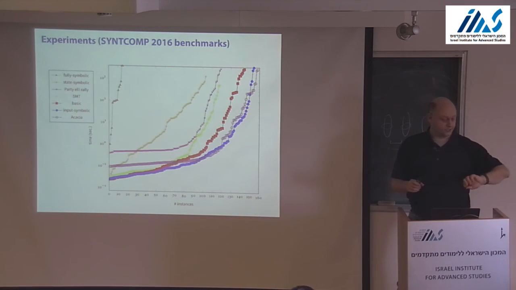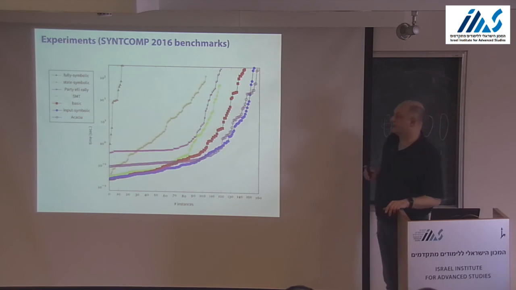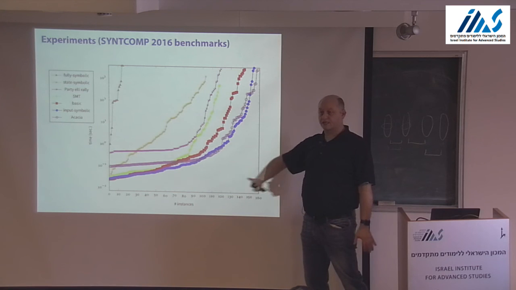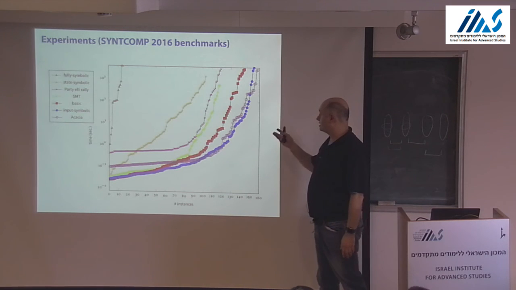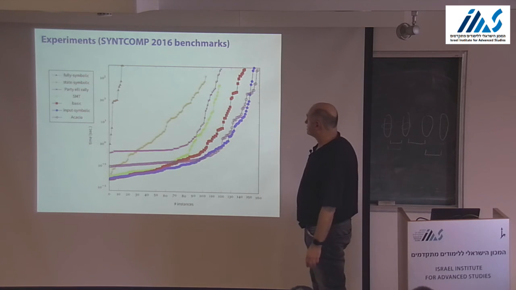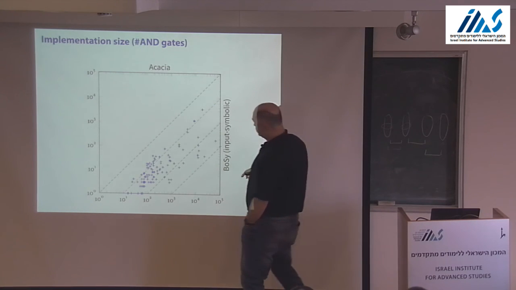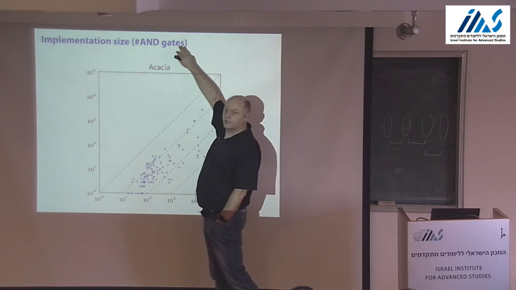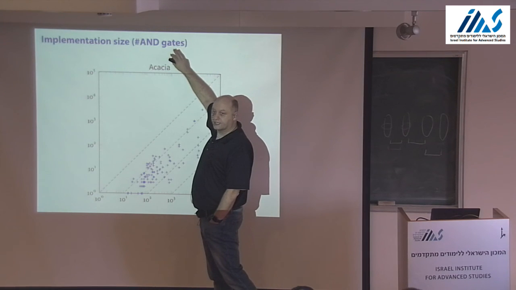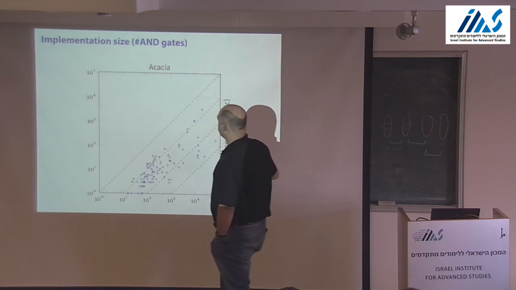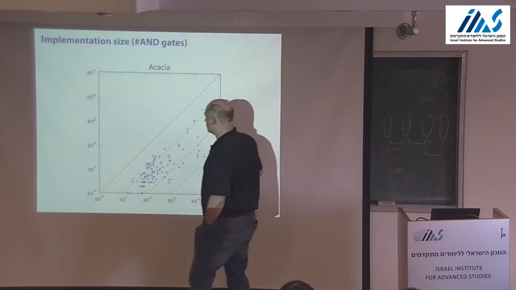Now, before Moshe shuts me up, let me quickly say that runtime is one way of looking at things, but I started talking about these things by discussing the size of the implementation. So here's a comparison between the size of the implementation, measured in the number of gates in the logical circuit, between the bounded synthesis approach and the more traditional approach.